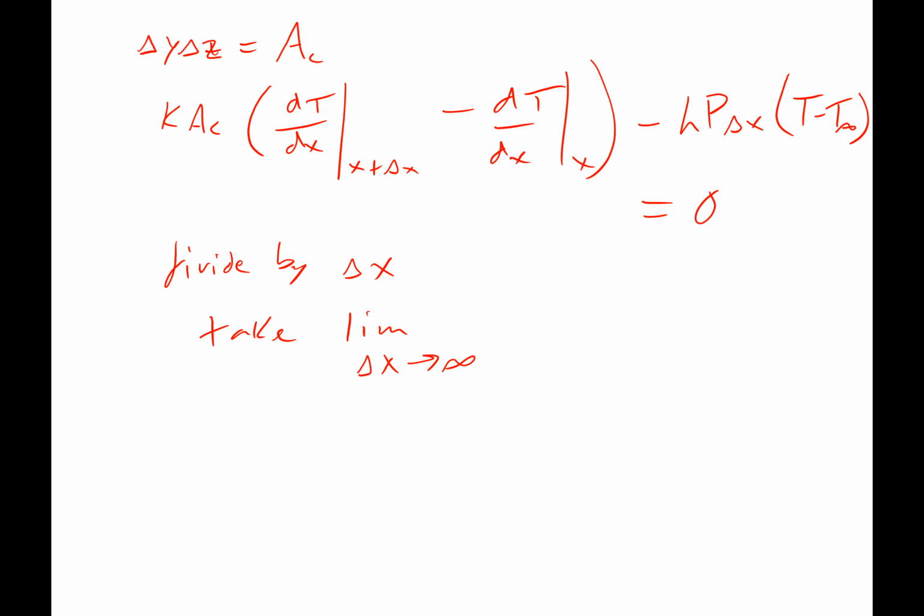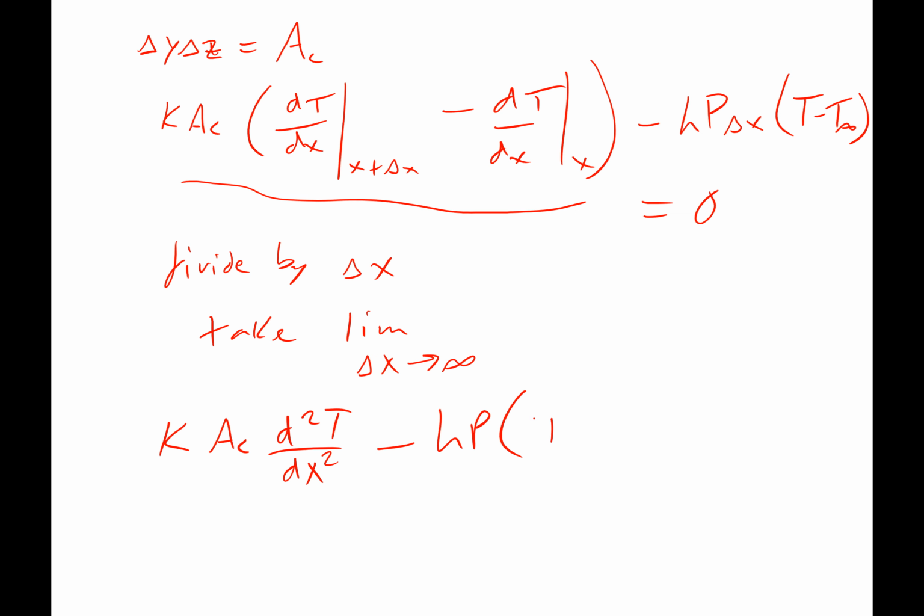Okay, so then we would take the limit as delta x goes to zero. You're going to see that a second derivative pops out of here. So we get k times A_c times the second derivative of temperature with respect to x, minus hP times (T minus T infinity), and that all equals 0.